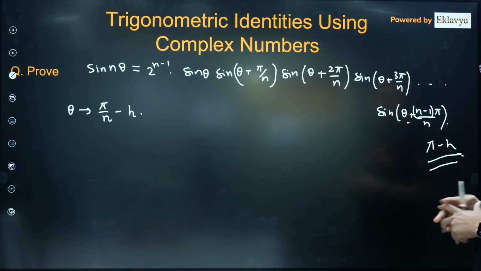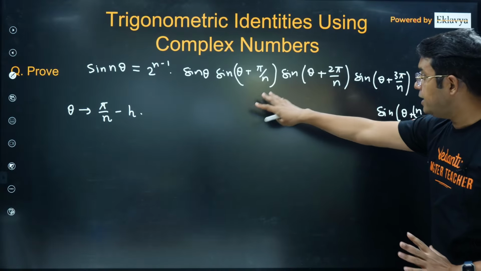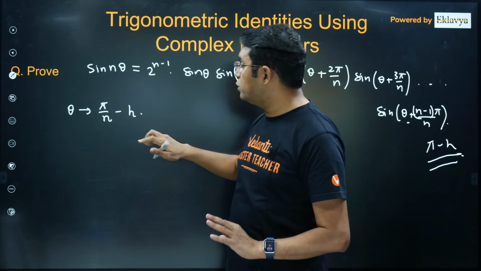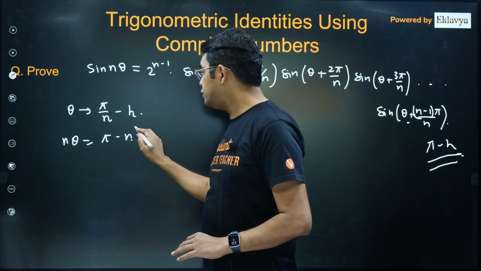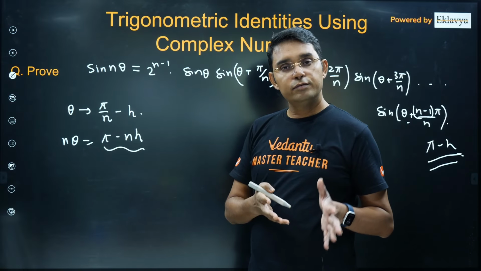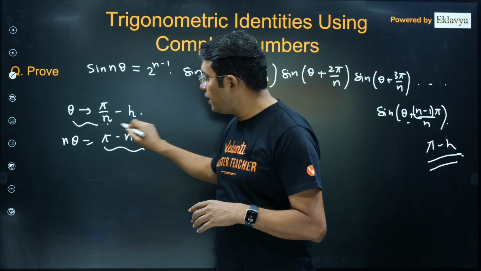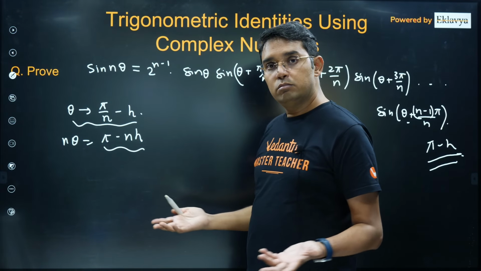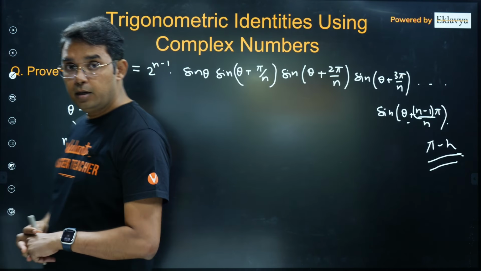So that means this will also be in the second quadrant. So all these signs are positive, positive, positive. Whereas here also you can see n theta will be pi minus nh. That will also be in the second quadrant, so this will also be positive. So for this particular angle theta, both sides are positive, so it has to be a plus sign only. That's it. I hope that is clear.